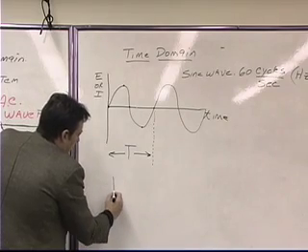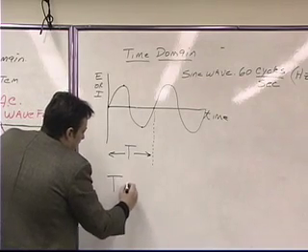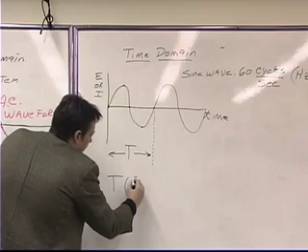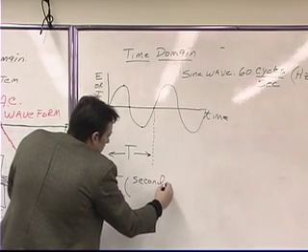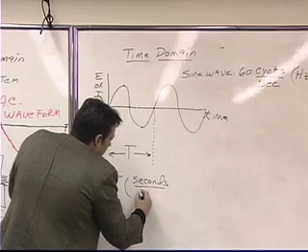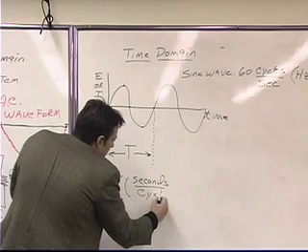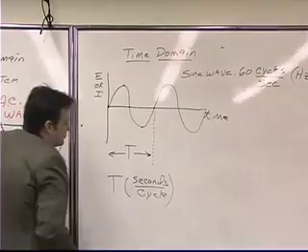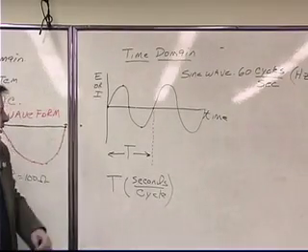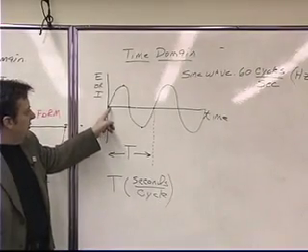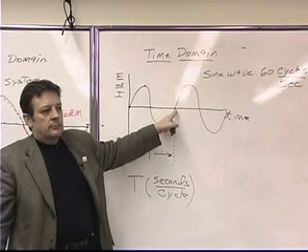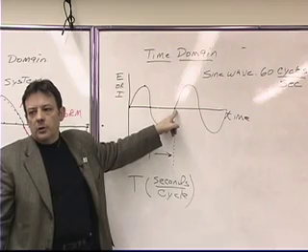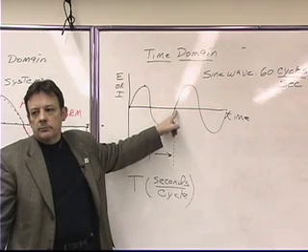So period, capital T, has the unit of seconds per cycle. In other words, how much time does it take me to go from here to here? And on an oscilloscope, you can measure that very accurately.